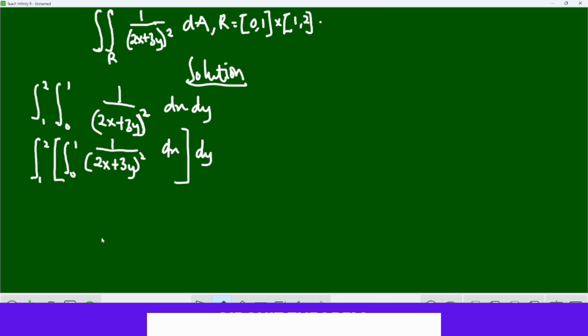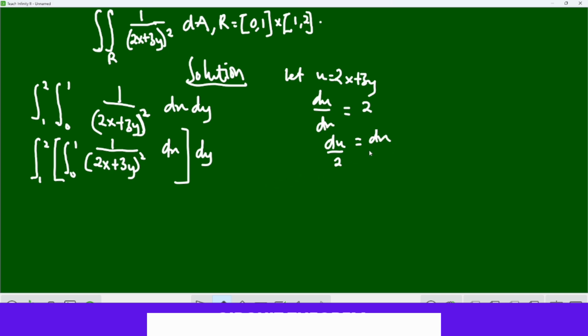Okay, so now I want to integrate. I can let u be equal to 2x plus 3y, and I differentiate with respect to x, and I get 2. So du over 2 is giving me dx.